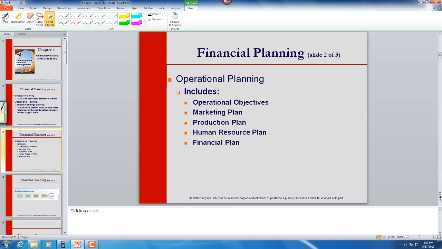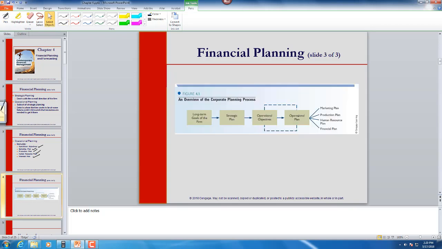Operational objectives require a marketing plan, production plan, human resource plan, and financial plan. So what you essentially have is all these plans, which lead you individually. They all are part of what is known as the operational plan.